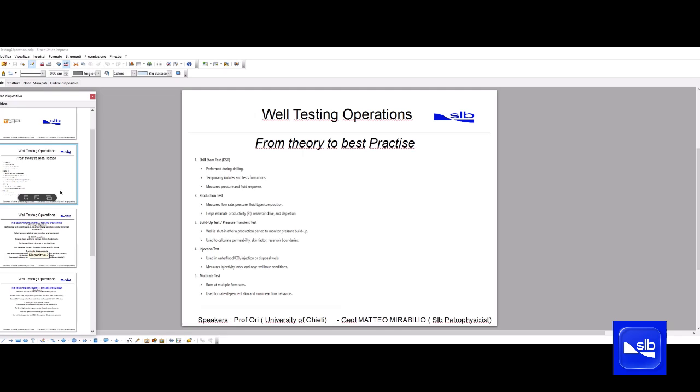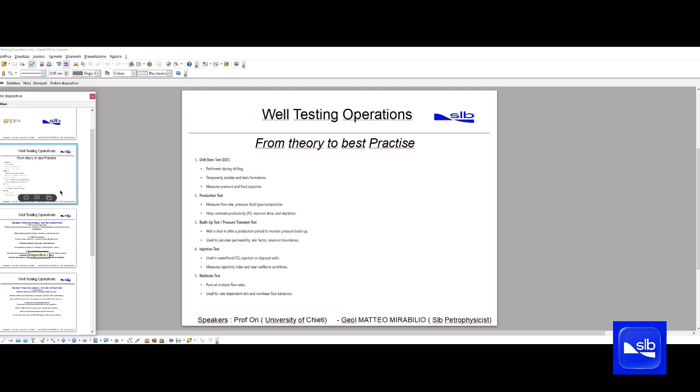We can analyze the drill stem test (DST) performed during drilling, to temporarily isolate and test the formation, measuring pressure and fluid response.